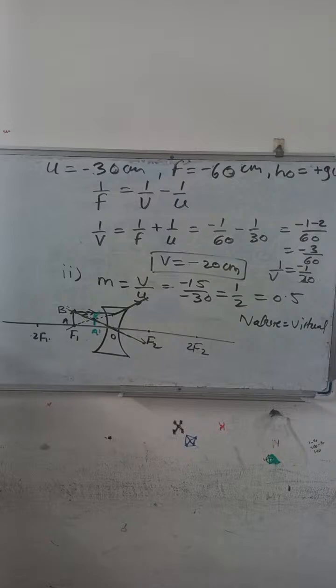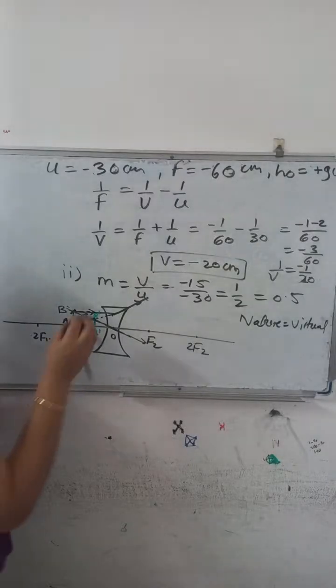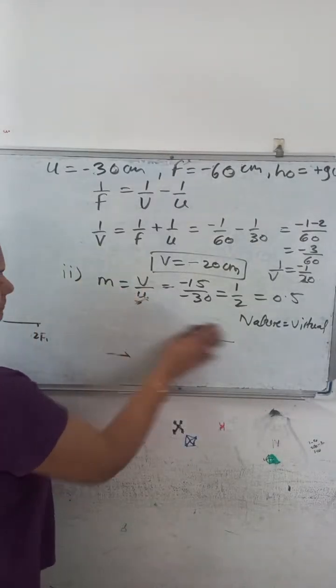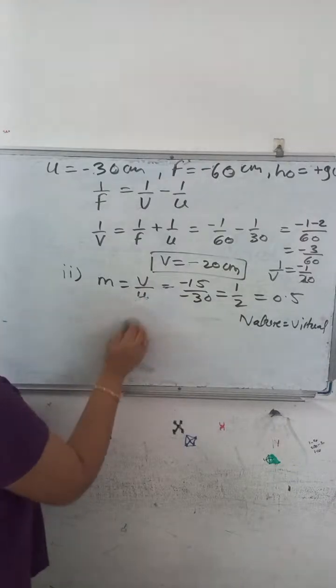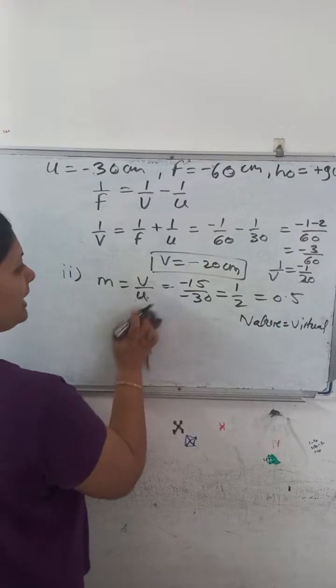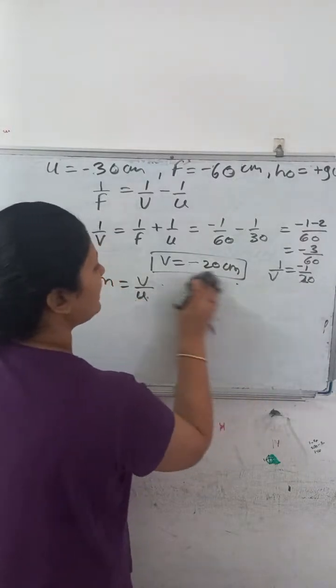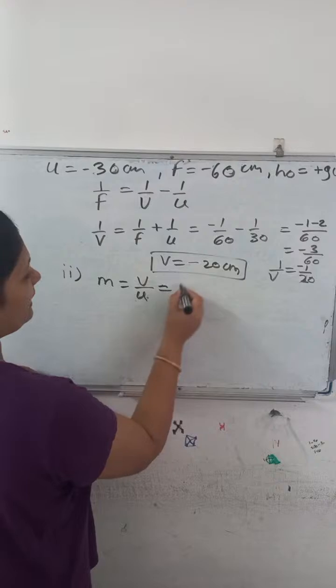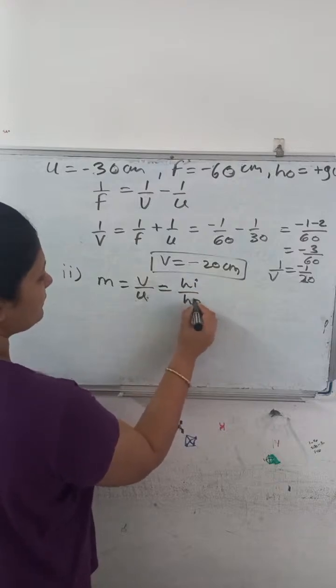Now we have to find out magnification. Then only we can define the nature and position. So in case of lens, magnification is v by u, as well as here we can write it as hi by ho. Okay.